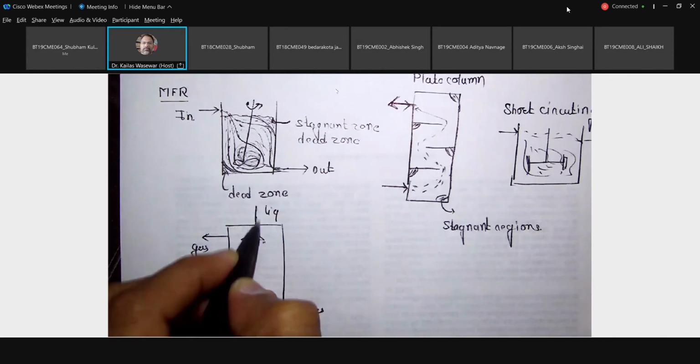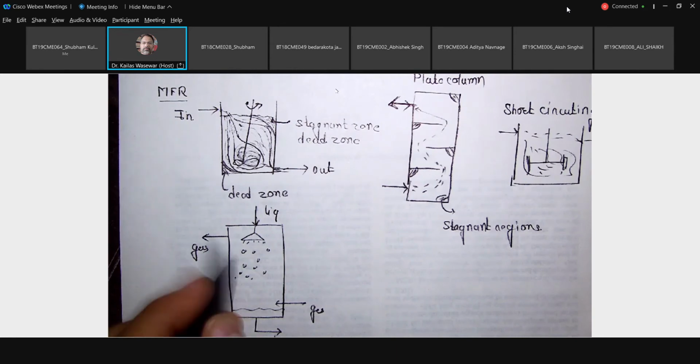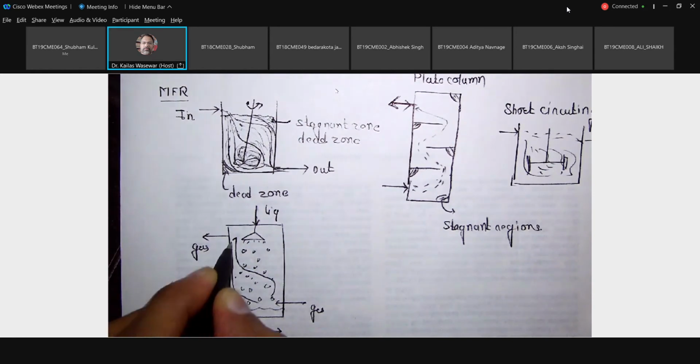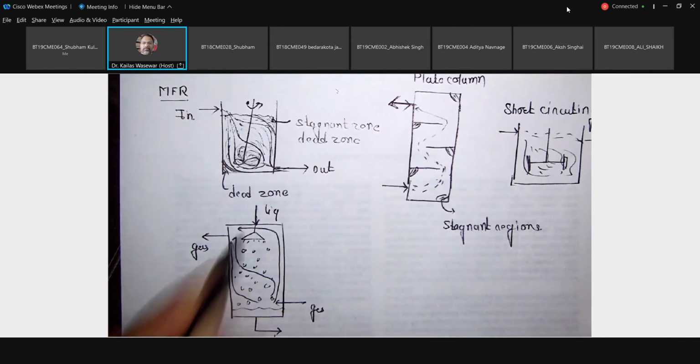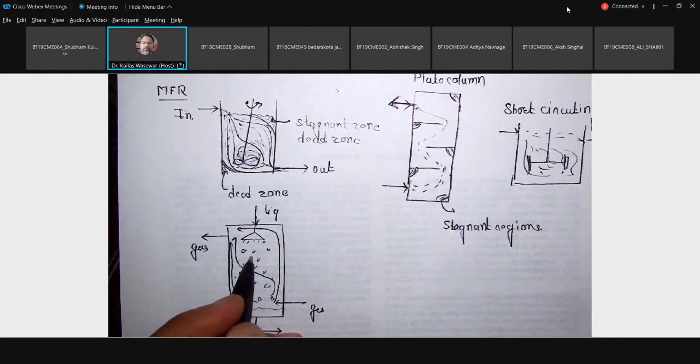So counter-current two-phase operation is mostly possible. That means there will be channeling. There will be more free space with their own channels. Suppose this gas is coming, it will go like this, like this. So they are bypassing and making their own channel in the packed bed. So it is a kind of spray column.